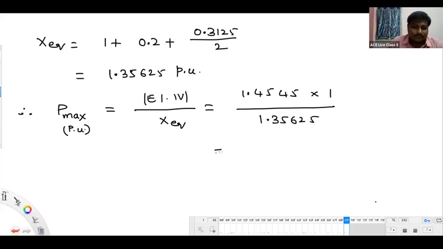Anybody tell me this number? Maximum power transfer value 1.07. Somebody is saying 1.069. Okay, 1.07. Calculate that number properly. In a narrow range, you may miss the options sometimes. 1.0724. Good. 1.0724 per unit.